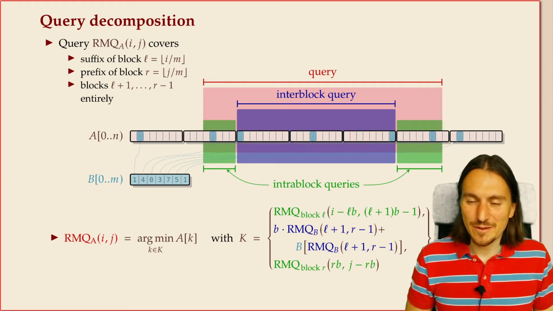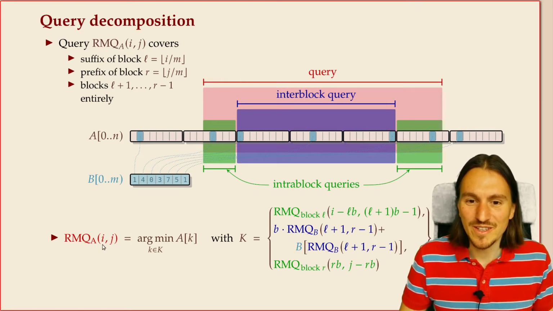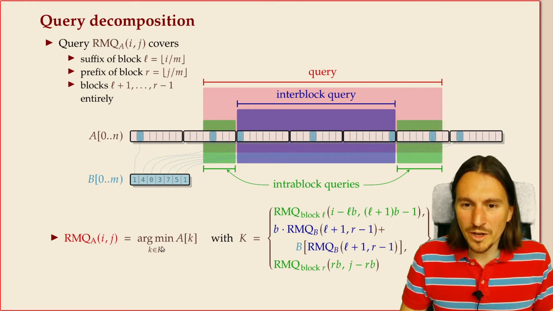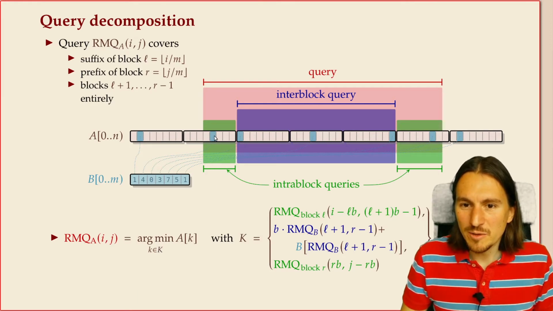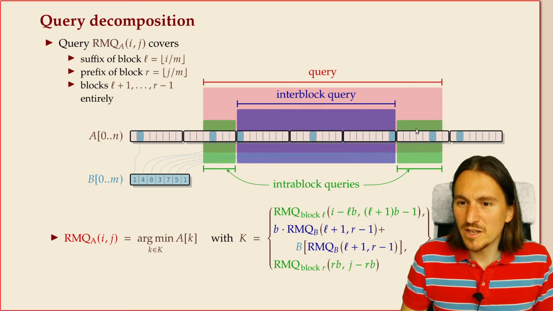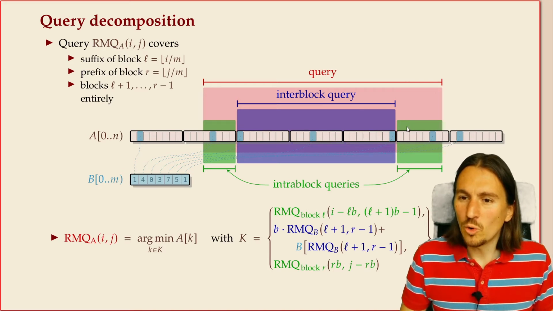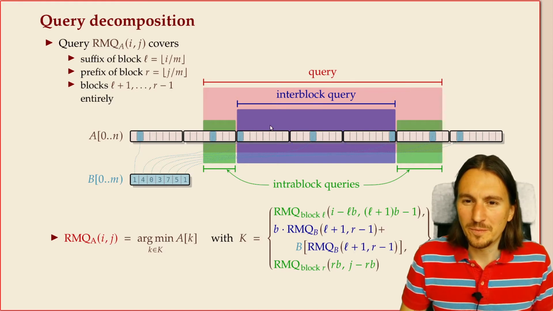And now the fun thing happens again if we ask what is the result of the red range minimum query, the entire range. It can only be one of a few isolated points. It can be the minimum in the green range in this suffix of a block, or it can be the minimum in the prefix of a block, or it can be the minimum from the blue range.